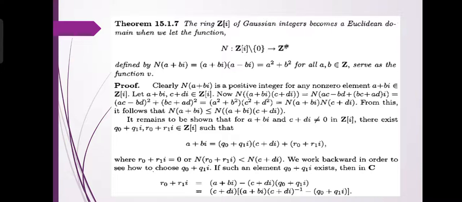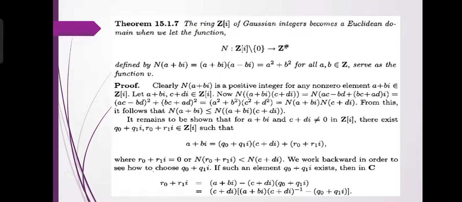It remains to be shown that for a + bi and c + di not equal to 0 in the ring of Gaussian integers, there exist q0 + q1i and r0 + r1i belonging to the ring of Gaussian integers such that a + bi = (q0 + q1i)(c + di) + (r0 + r1i), where r0 + r1i = 0 or N(r0 + r1i) is less than N(c + di).